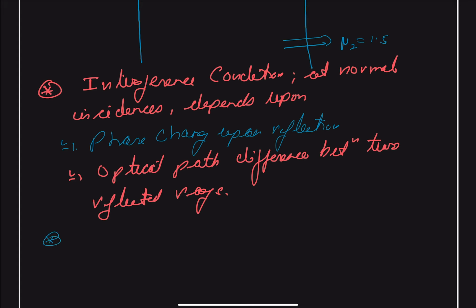So we can say the phase change first is at the air and film interface, and the second is at the film and glass interface. And we have to make a comparison between their refractive indexes along the way.